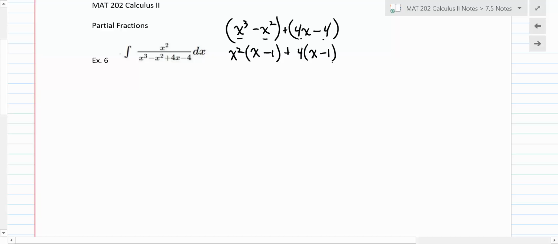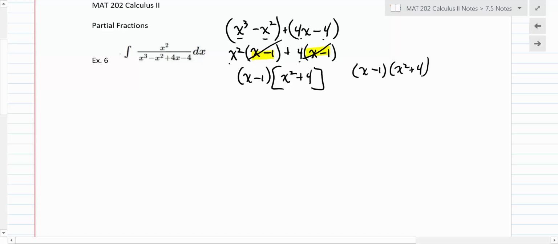Now what you have is a common factor of x minus 1, so you pull that out, and then what's left is x squared plus 4. So the factoring on that, of course, is just x minus 1 times x squared plus 4.